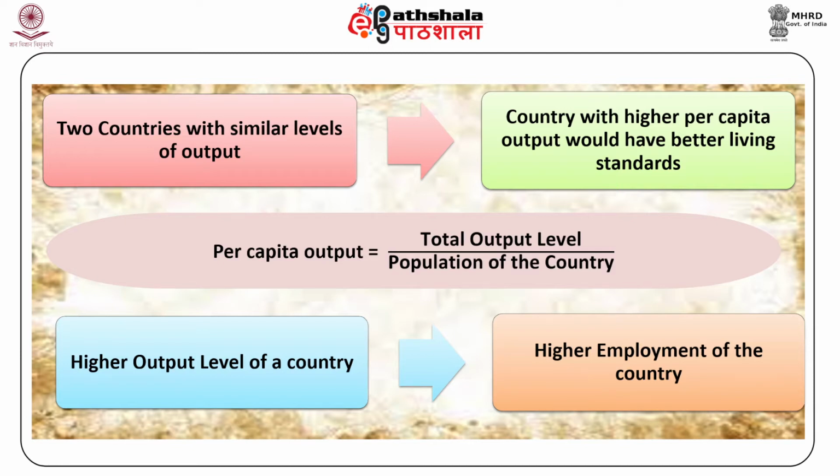The per capita output level may be computed as the total output level divided by the population of the country. A higher level of output would also imply higher employment in an economy.